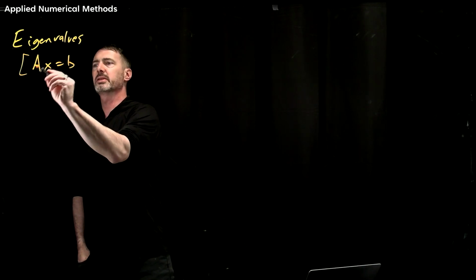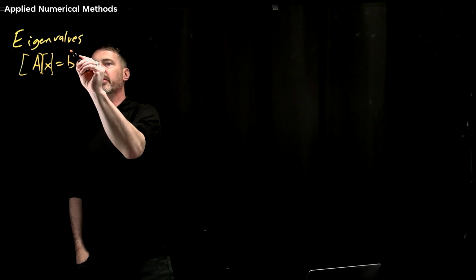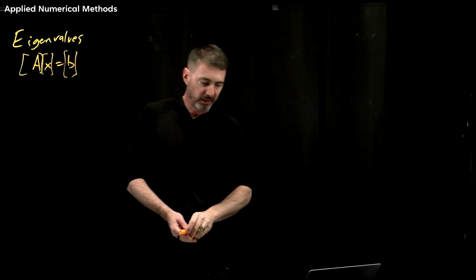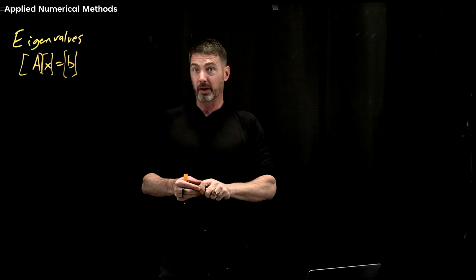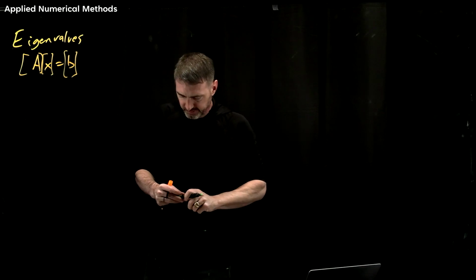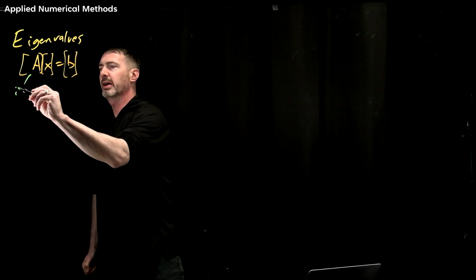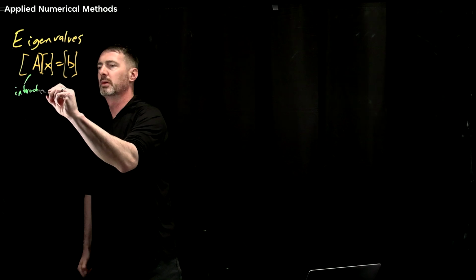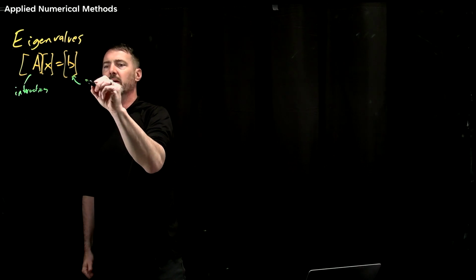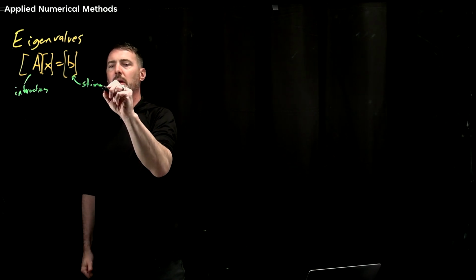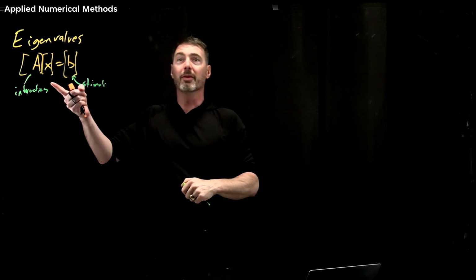Just as a reminder, we've started getting used to thinking about this language. If this is a matrix A and then a list of unknowns x equal to some right hand side b, one of the things I do like about this book is referring to this as the interactions, this as the stimuli, and this as the response.